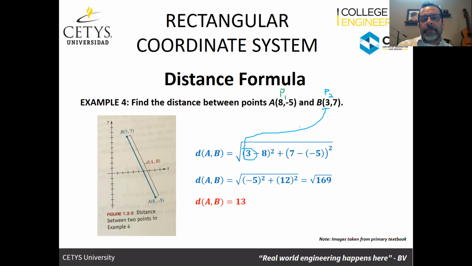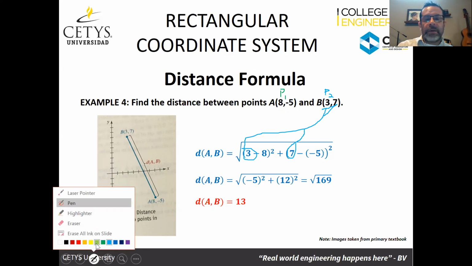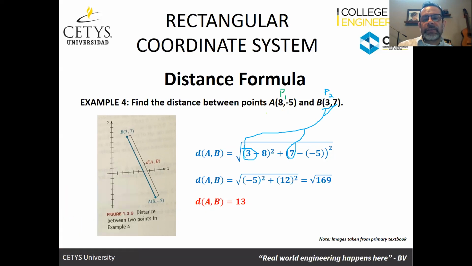And so the expression is going to be point 2, in the X and the Y, minus point 1 in the X and the Y also. Applying the formula, we get (-5) squared plus 12 squared.